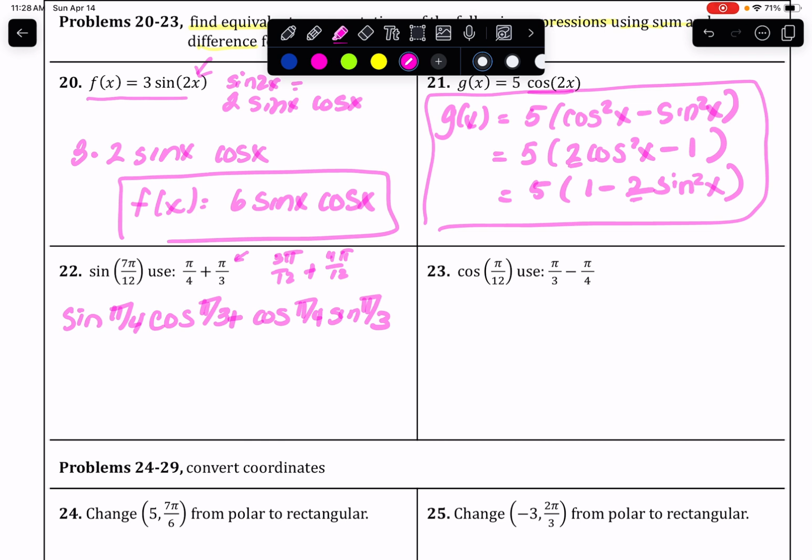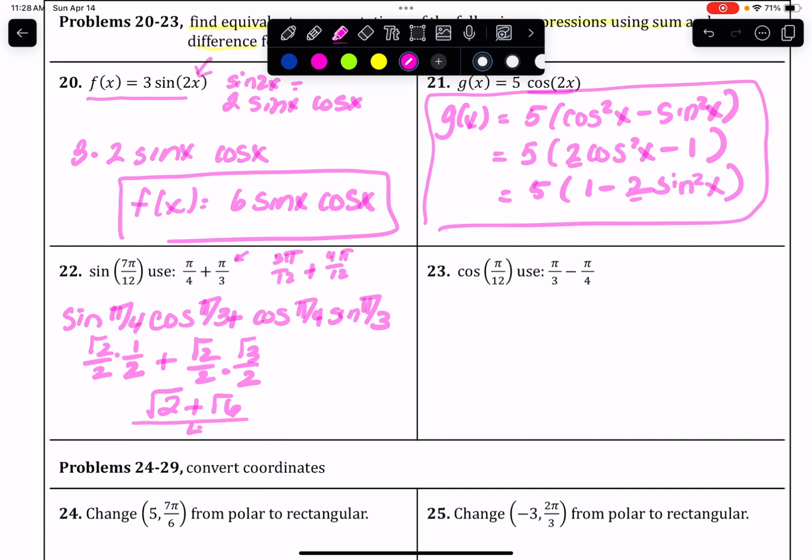And the sine of pi over 4 is the square root of 2 over 2 times cosine of pi over 3 is times 1/2 plus cosine of pi over 4, which would be square root of 2 over 2, and sine of pi over 3 is square root of 3 over 2. So you get square root of 2 plus square root of 6, over 4. So that would be the equivalent using that identity.